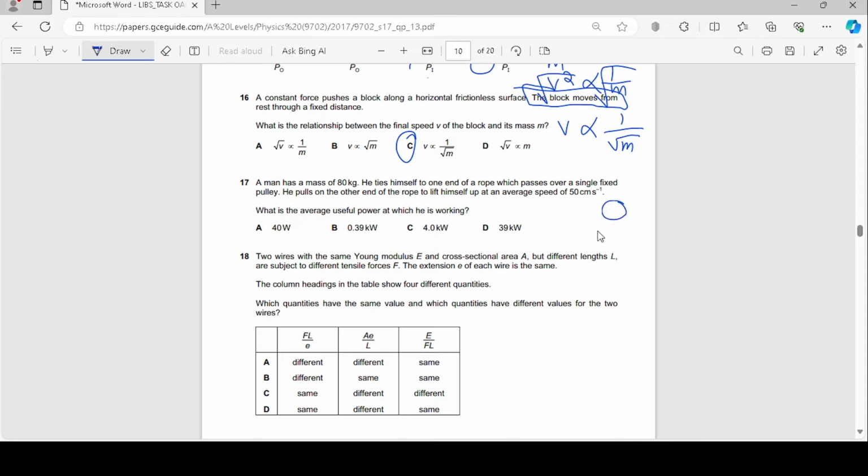So there's a pulley, and there is a man who has tied himself to a rope, and I do not really know why. And I hope he is not dead. Anyways, he has a mass of 80 kilograms. And we also know the average speed at which he is pulling himself up.